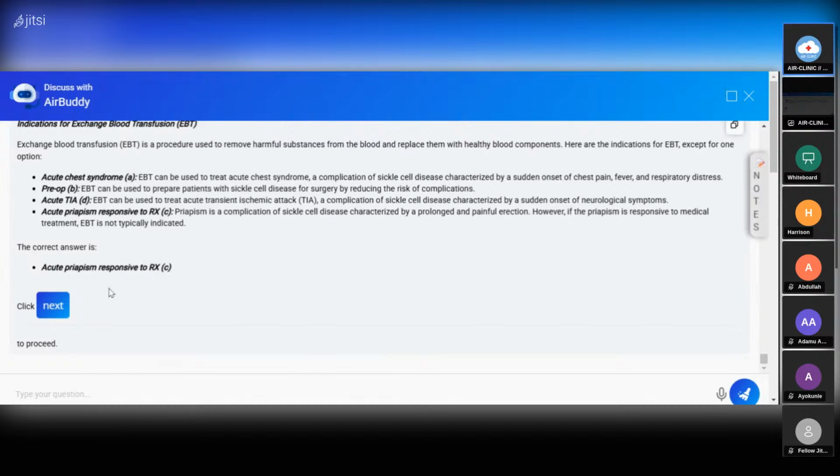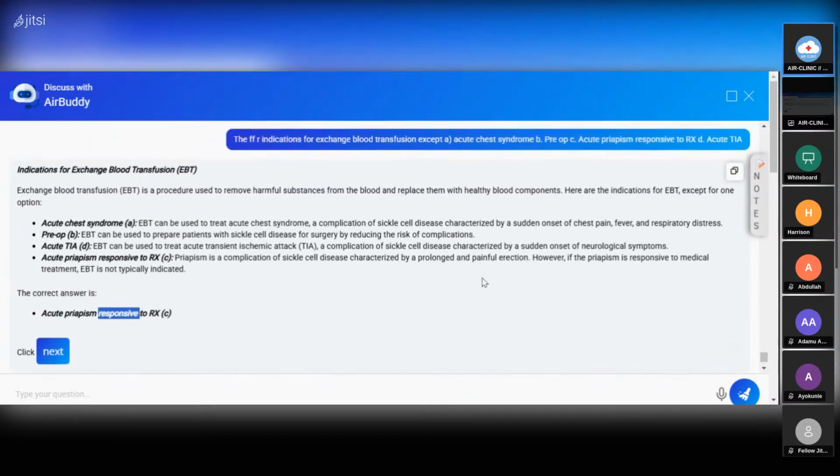So I think responsive to treatment is the determinant for the answer. When they say it's responsive to treatment, assuming the question said it's unresponsive to treatment, then you can start considering another option. So this question particularly relates to sickle cell.